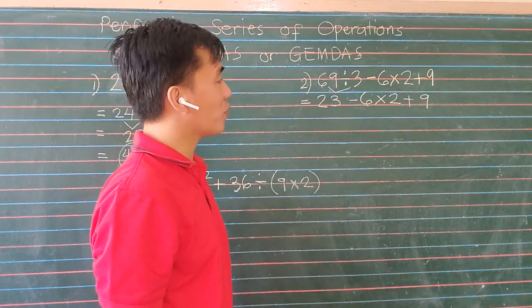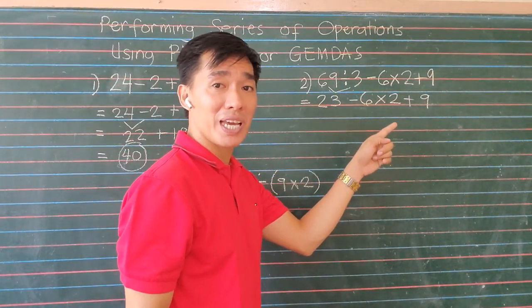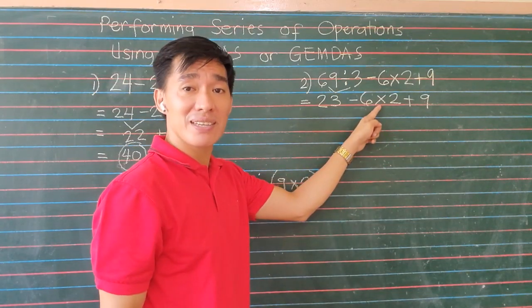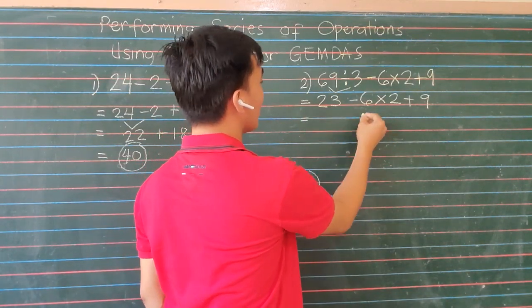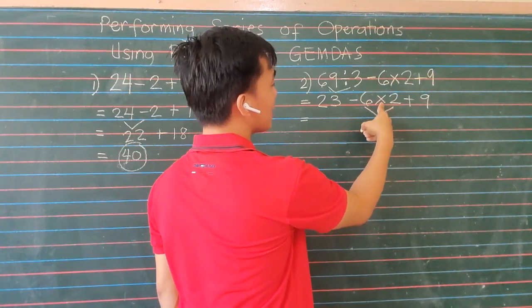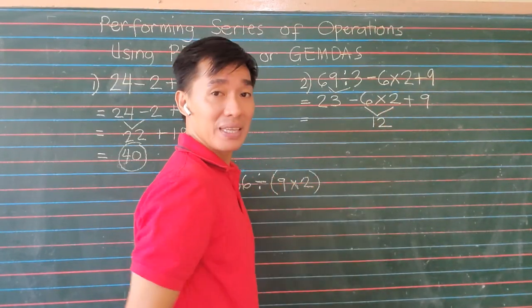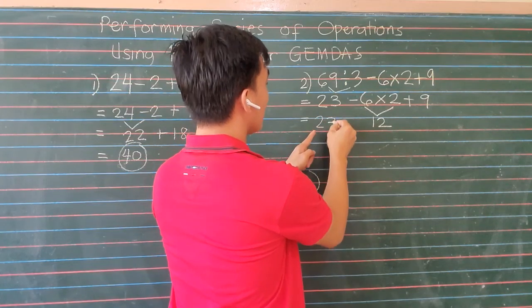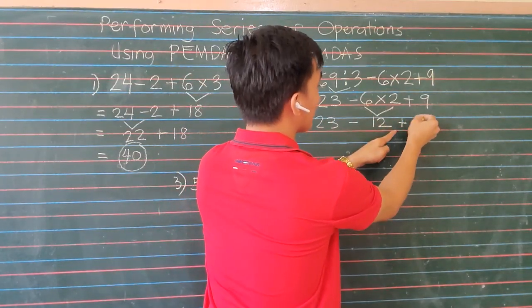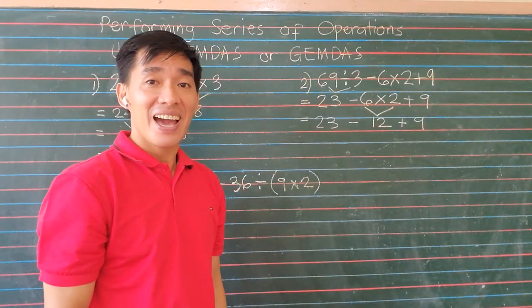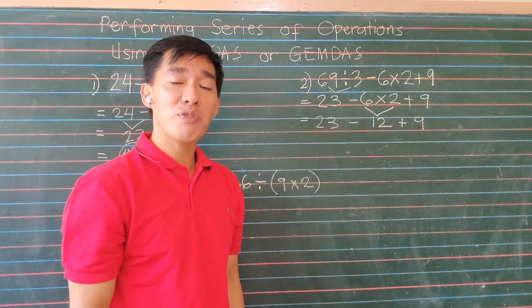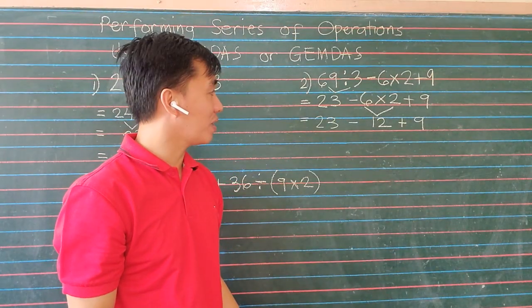The next thing that you have to do is check if you still have multiplication or division. Multiplication is still there. So, you do multiplication first. So, 6 times 2, that is equal to 12. Then, you copy 23 and the minus sign. You copy plus 9.